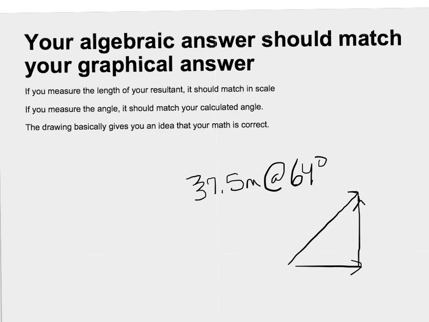And notice our drawing had our vector going to the north and east at the very beginning. And if we were to actually measure this length with a ruler, it should be in scale, so that 37 meters should match the scale. So you do the drawing to see if your math is on par. They should match, and that's how you know you did it right.